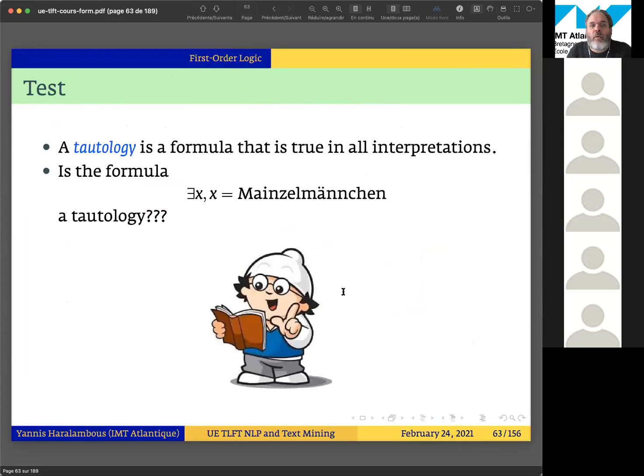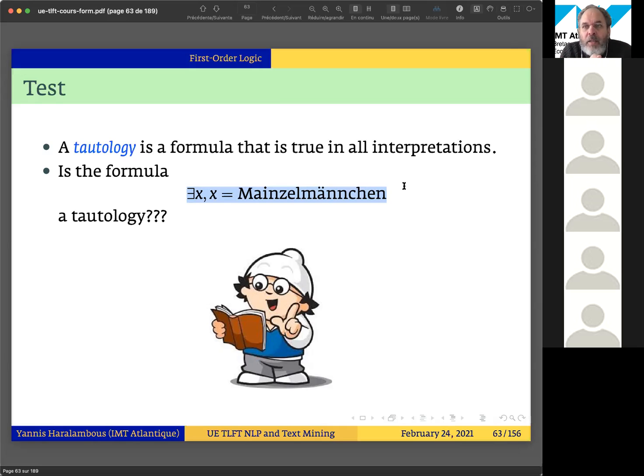Okay, so whatever the interpretation of this formula, since we have written Mainzelmännchen in the formula, it is a constant of the formula and we have to send it somewhere. So our domain will have at least one element, and we will send Mainzelmännchen to this element. If it has more, then even better. We will send it to some element.